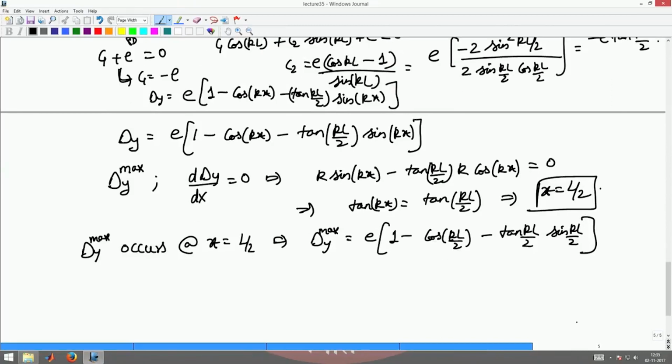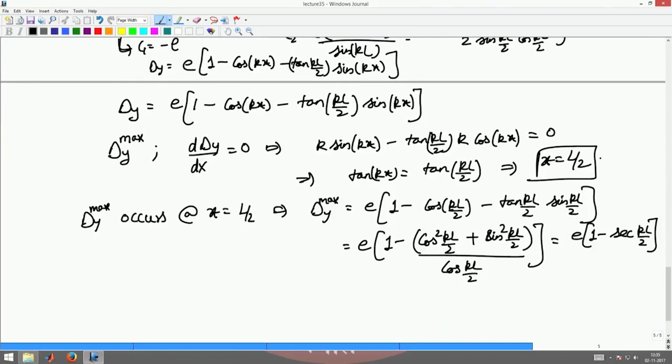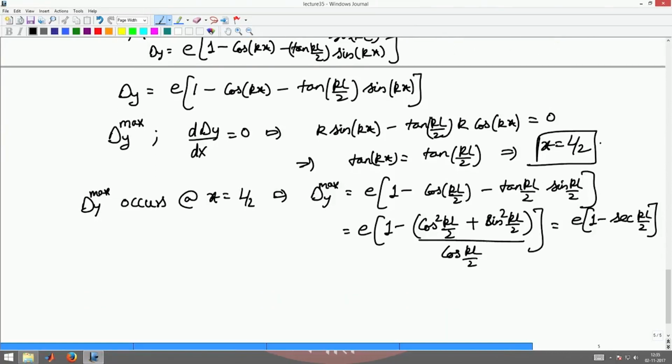This I can simplify further as E times 1 minus cos square kL by 2 plus sin square kL by 2 divided by cos kL by 2. This gives me E times 1 minus secant kL by 2, because cos square theta plus sin square theta is 1. So I got delta y max as E times 1 minus secant kL by 2.